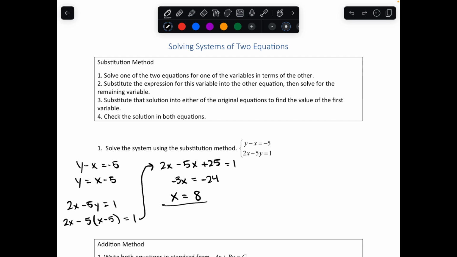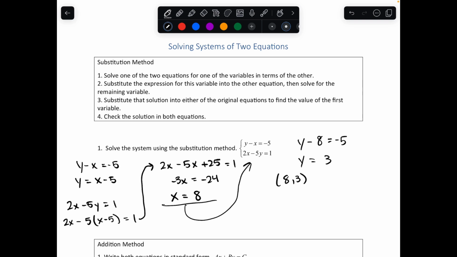I can take this x and plug it into either one of these equations, and this should give me a value for y. Since I'm allowed to use either equation, I'm going to use the top one because it looks easier. So we're going to have y minus 8 is equal to negative 5. I'm going to add the 8 over, and my y is going to be equal to positive 3. So the solution to my system of equations is going to be (8, 3).